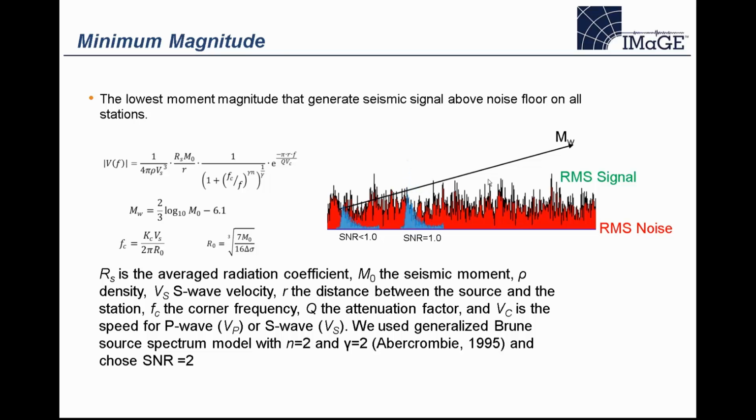So you keep increasing the magnitude till you reach a level that you're satisfied. We use 2.0 in this case to make sure we have a reliable detection of signals. If you use 1.0, it's kind of debatable. Some processors may skip that signal and some processors may consider it a signal. So we use 2.0 to have a reliable detection of the events.